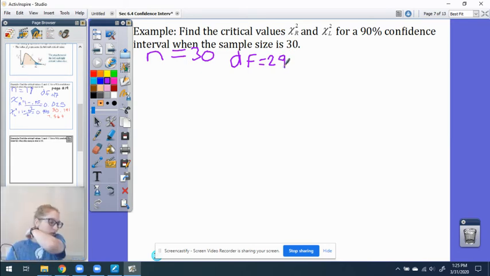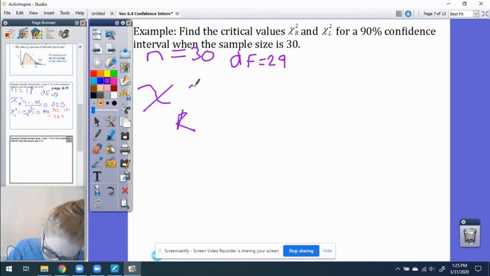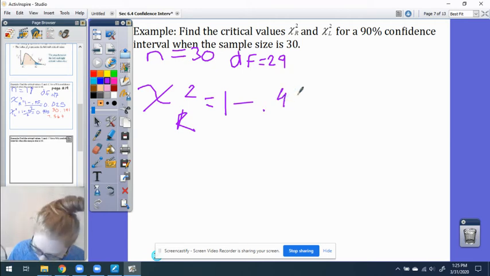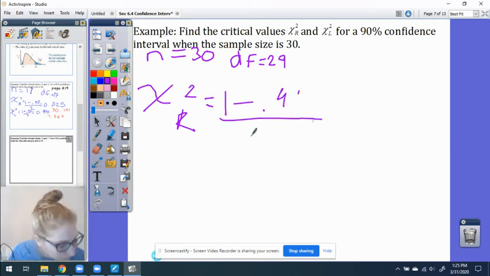Okay, so I am going to use my 90% confidence to calculate both values. Okay, so first, we're going to do 1 subtract 0.90.